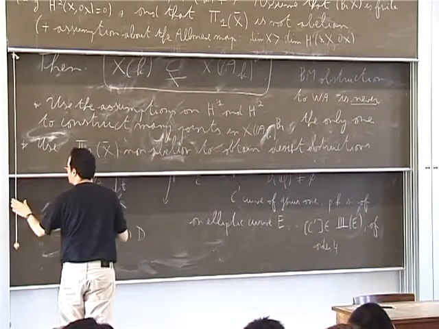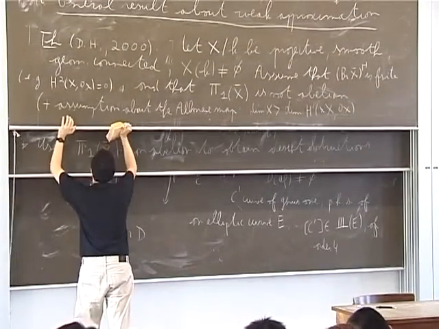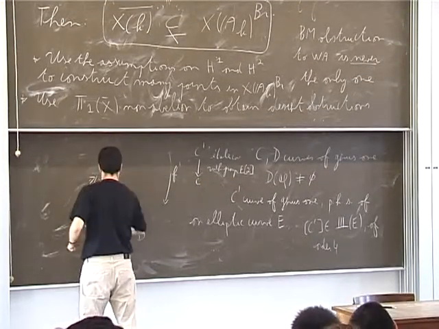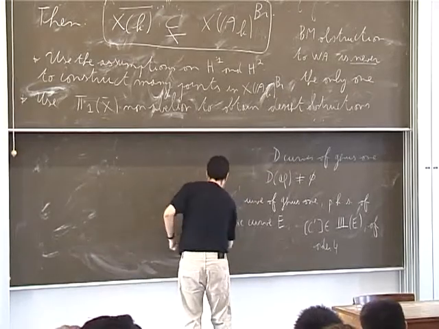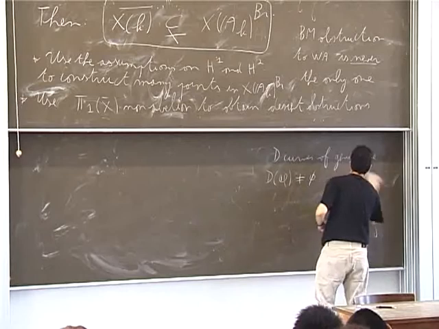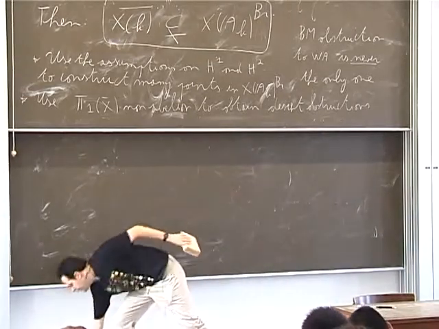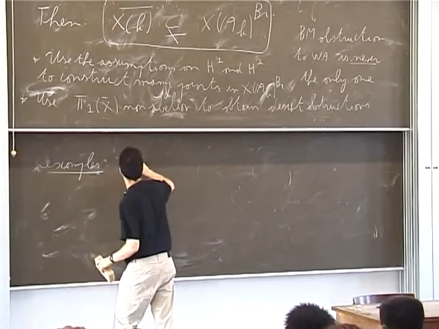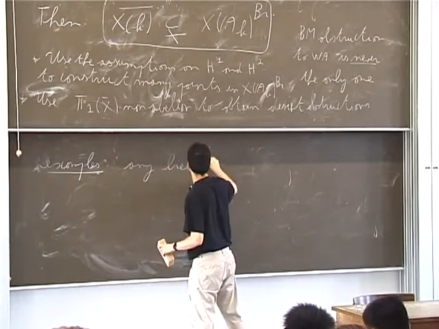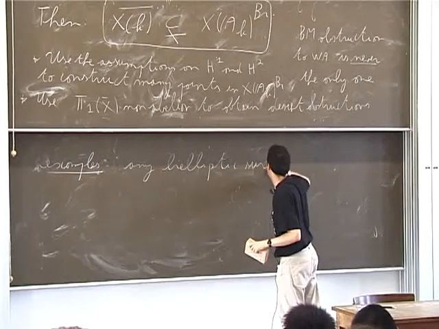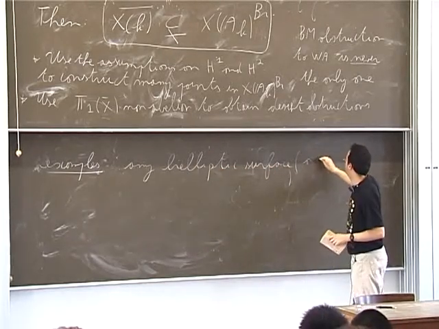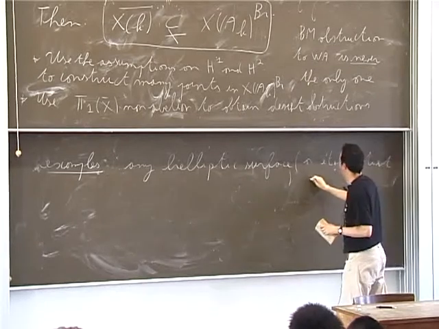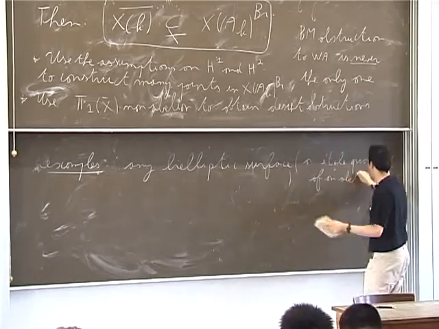So for example, any bielliptic surface satisfies these assumptions, or more generally, any étale quotient of an abelian variety, so this works in higher dimension.